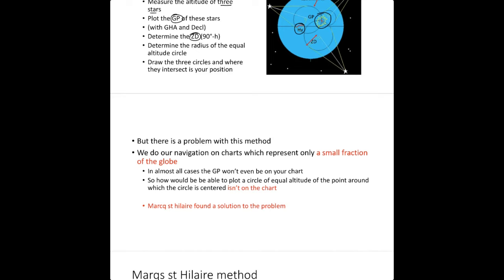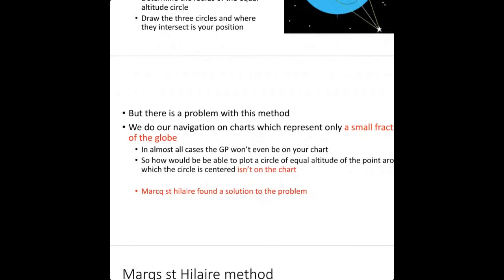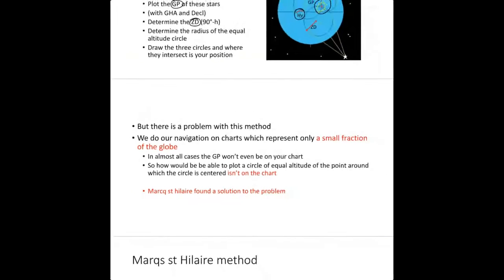We can do this via the method Marc Saint-Hilaire invented a very long time ago. He found a solution to this problem, to the fact that we don't have the globe in our hands, and to the fact that we can only plot a small segment of the equal altitude circle.